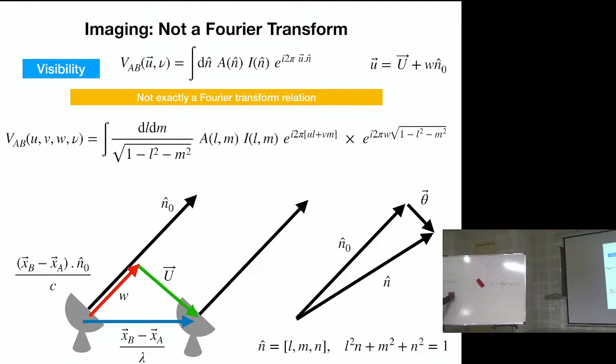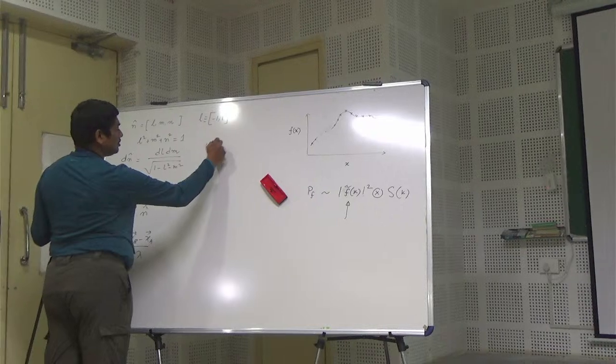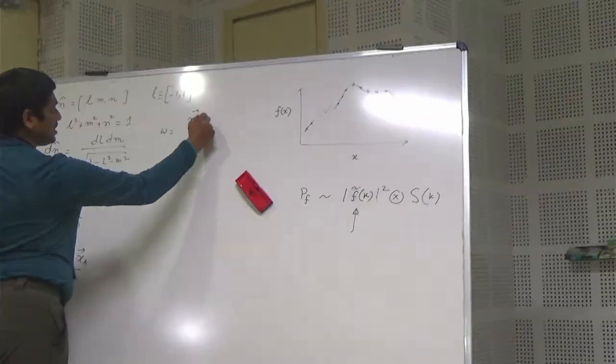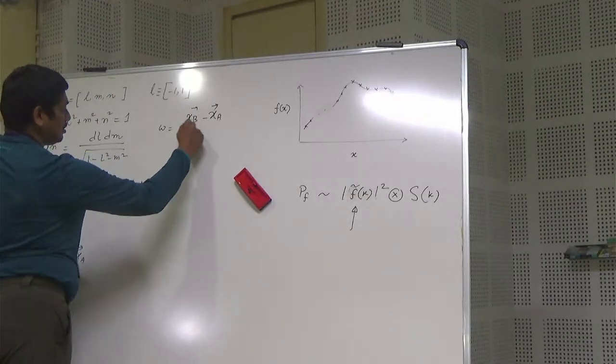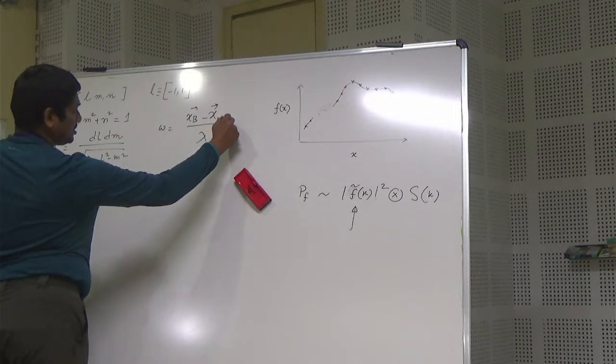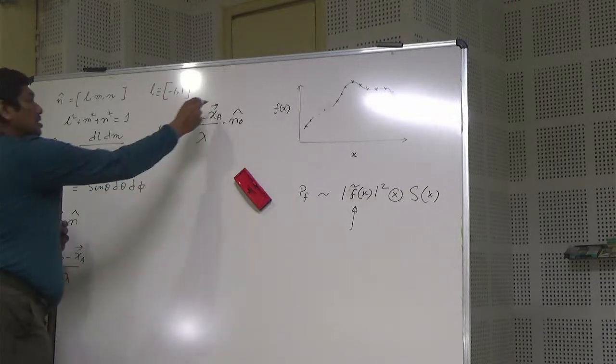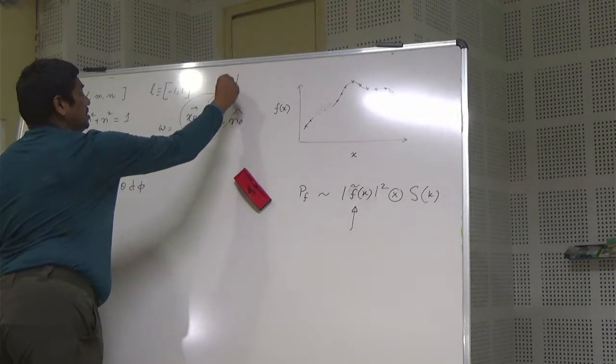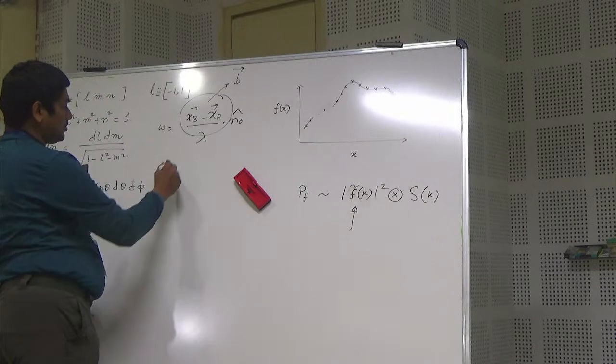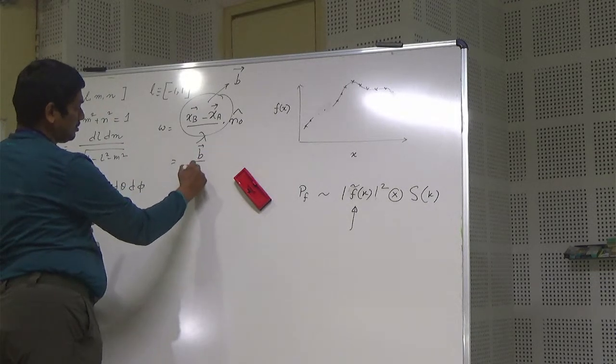So W will be xb minus xa, which is the baseline, divided by lambda. So this quantity that we will call it b, then b by lambda.